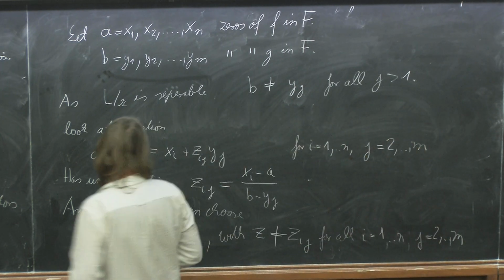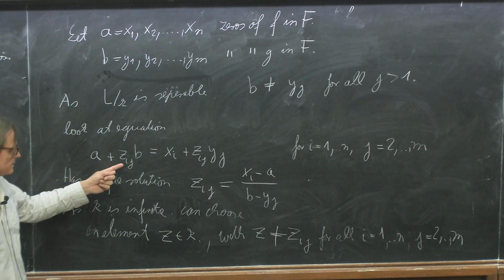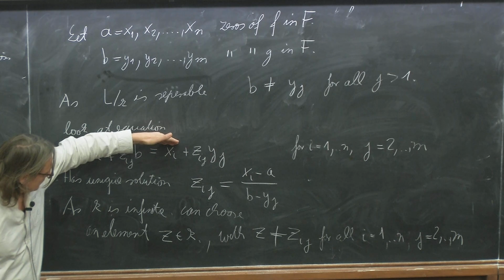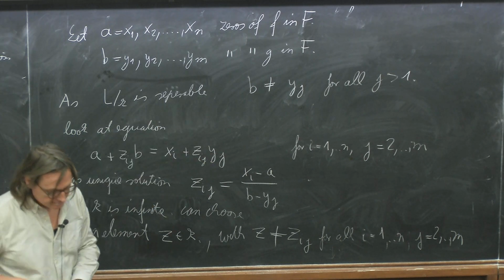And then obviously this means that if we put this z here, then this identity will never hold for no i and no j.